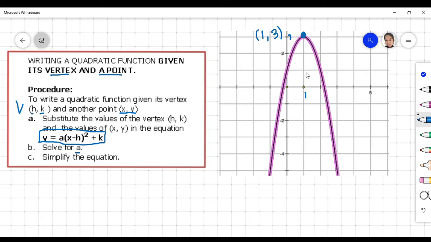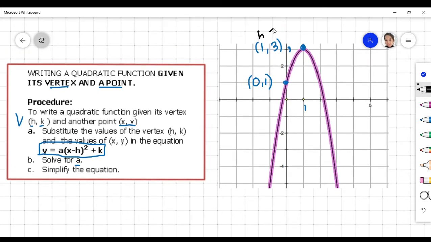So I have here this point which is my y-intercept, and that is 0, 1. So this is my other point or a point in the parabola, and this is the vertex of our parabola. So this is our h, and this is our k, and this is the x, and this is the y.